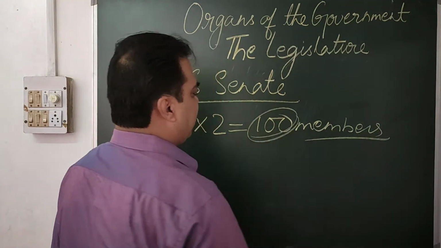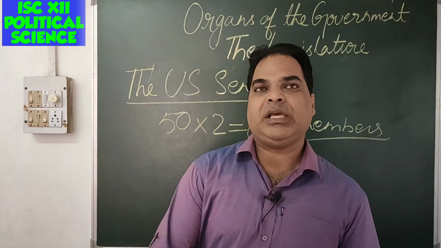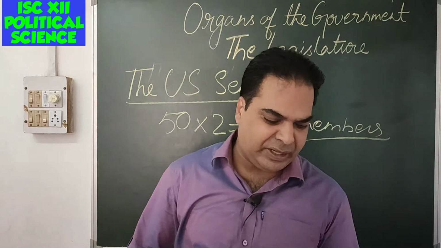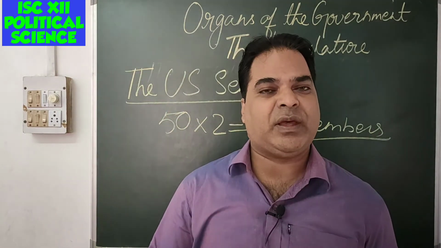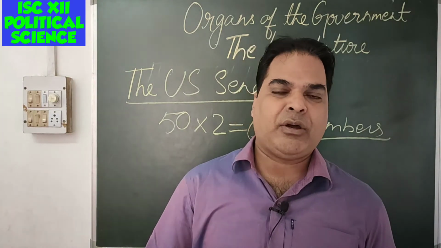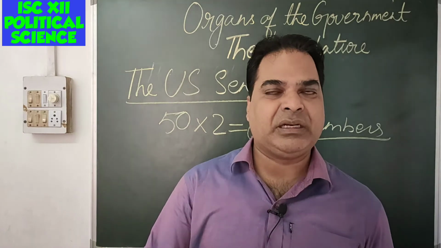All these 100 members are elected. Initially, as per the Constitution of America, indirect election of the members of the Senate was provided, but later on it was changed into direct election, in the year 1913.